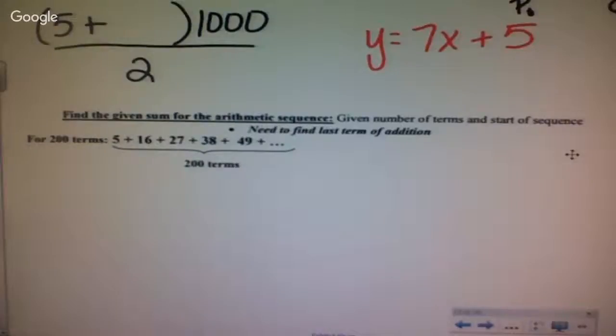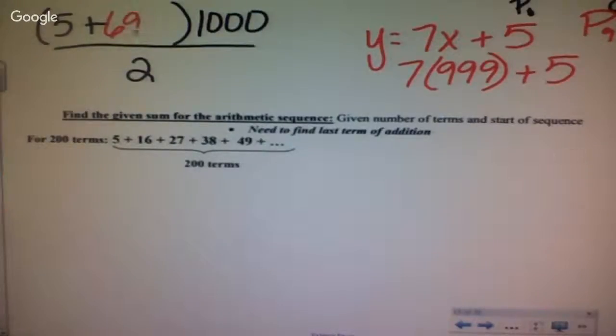It's P sub 999. So if there's 1,000 terms and I'm starting at 0, I'm trying to find P sub 999. So I'm actually plugging in 999 plus 5. 6,998 is my last term.